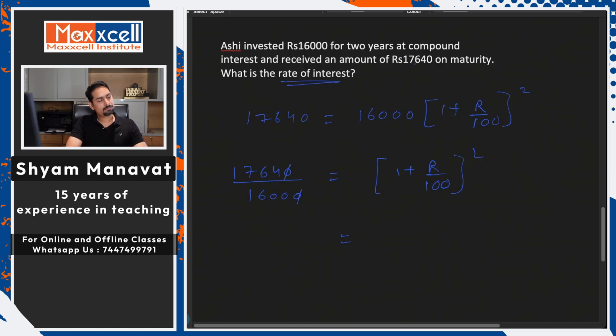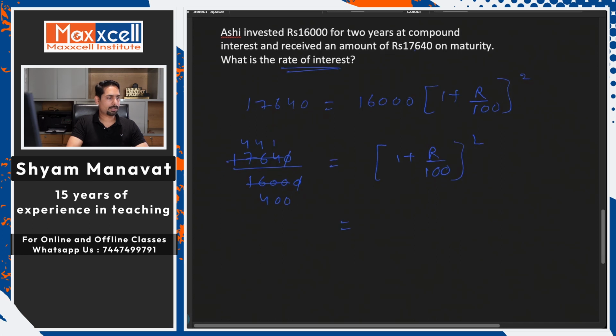Let's simplify by 4. 4 fours are 16, 4 fours are 16, and this is 1. Perfect. So we got 441 by 400. Let's not deduct it further.